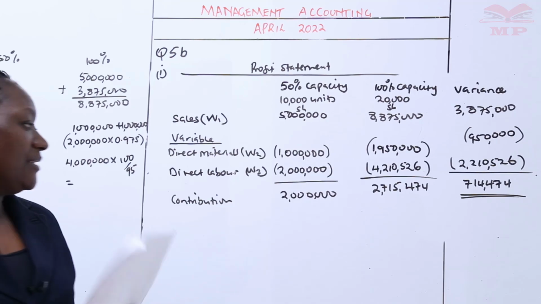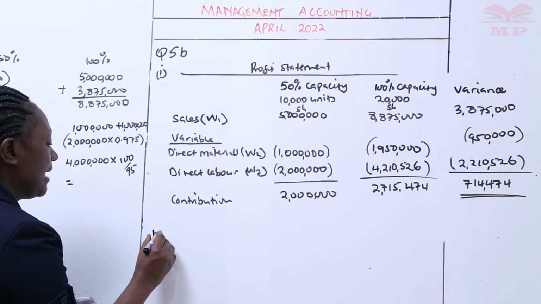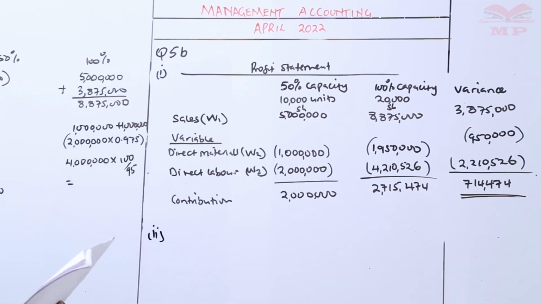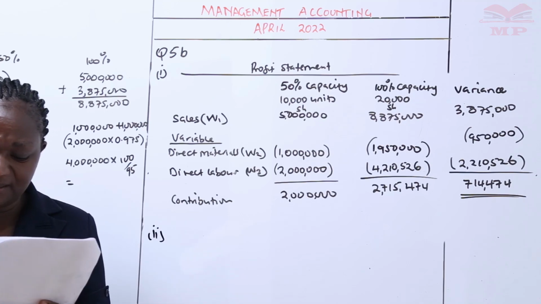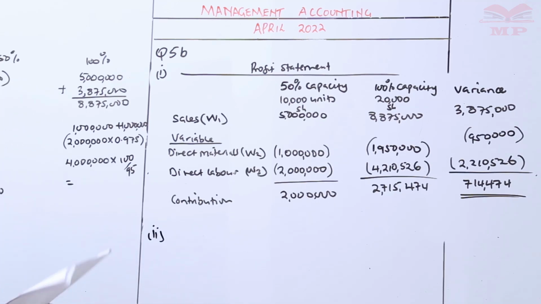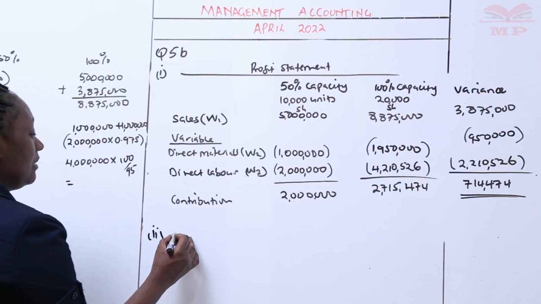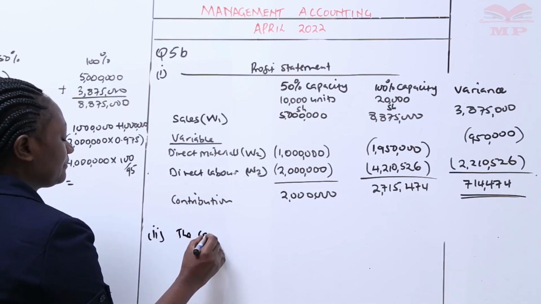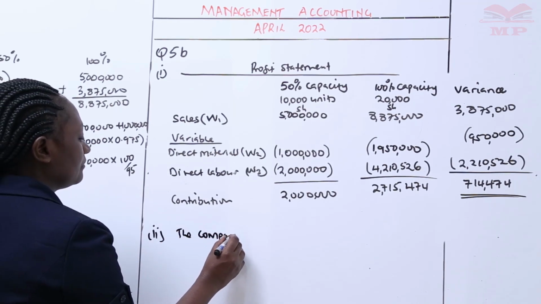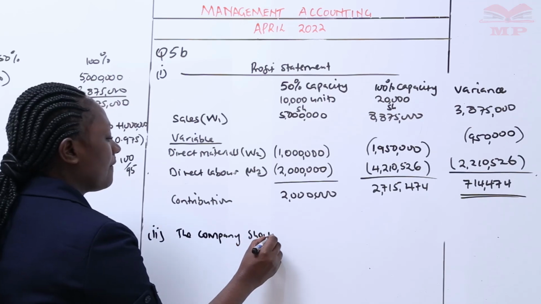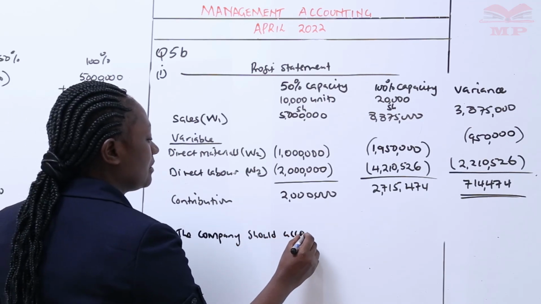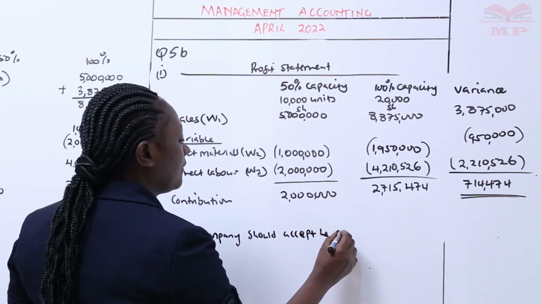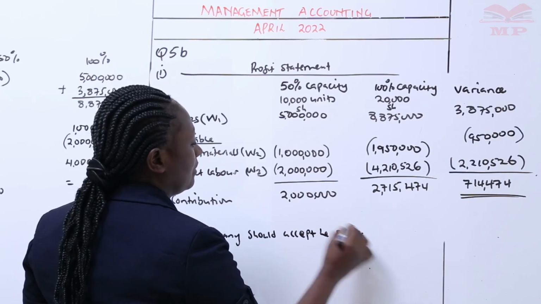So in number 2, we are now to advise the management of the company on whether to accept the offer or not. So what do we say? We say that the company should accept the offer. Why?